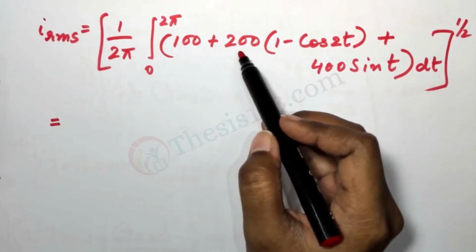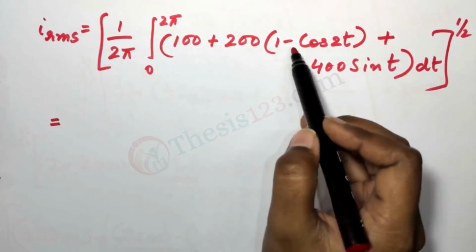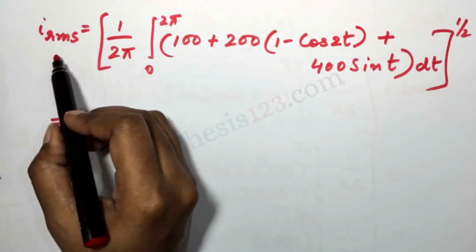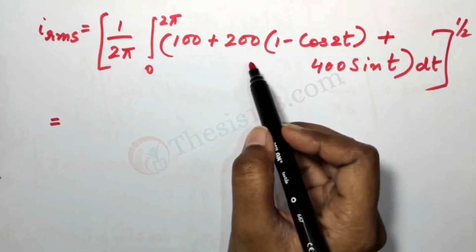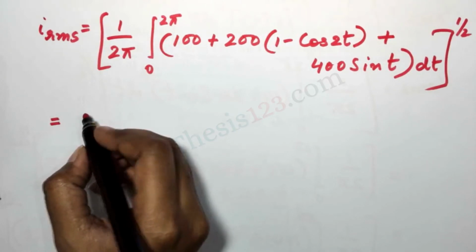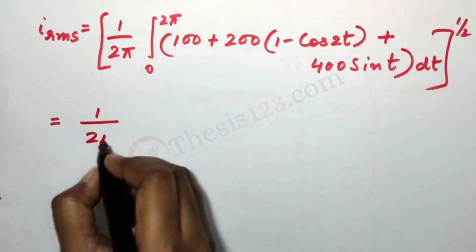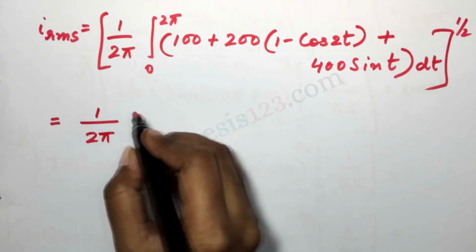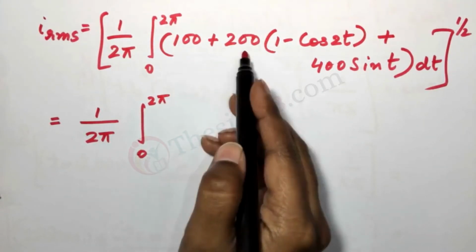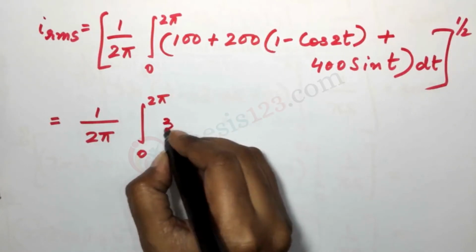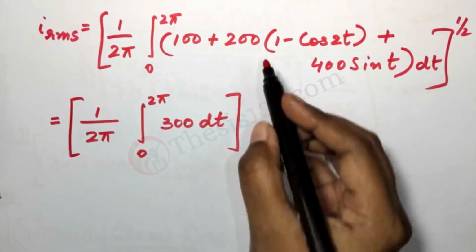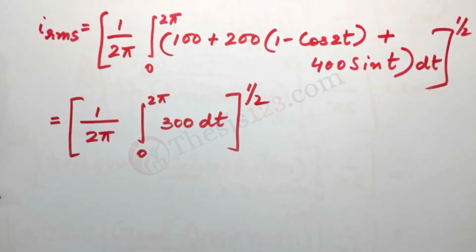Here, when we open up the parenthesis, we have now 200 minus 200 cos 2t. Now because we are looking for the RMS value, we will have to take the peak value of the entire expression. So we are now going to consider this as 1 divided by 2 pi, integral of 0 to 2 pi, 100 plus 200 is 300 dt, to the power of 1 by 2.